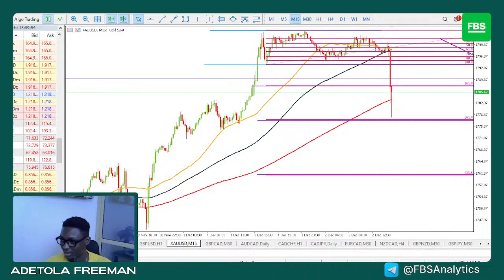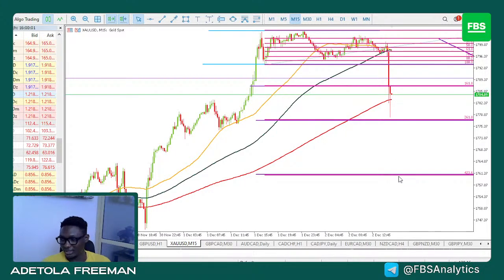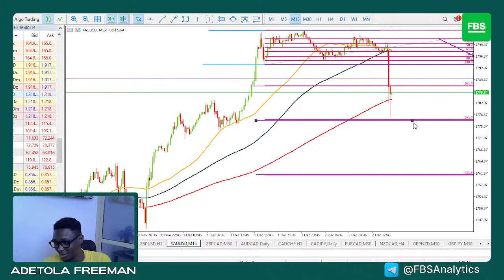This is gold. I already told you this is TP2, so whether it gets to TP3 or not is really not the bone of contention, because like I told you, this was TP1, this was TP2, and it has gotten to TP2 already. So what we're seeing now is a retracement.